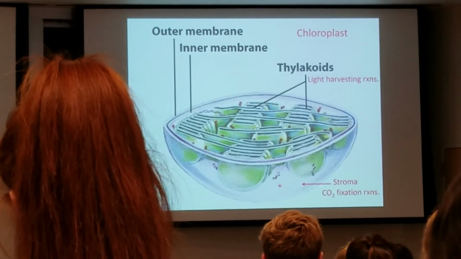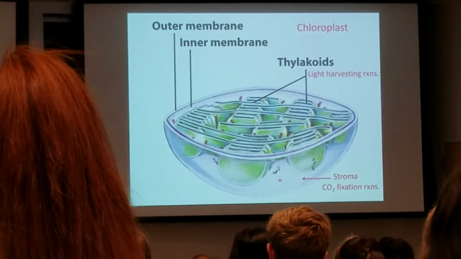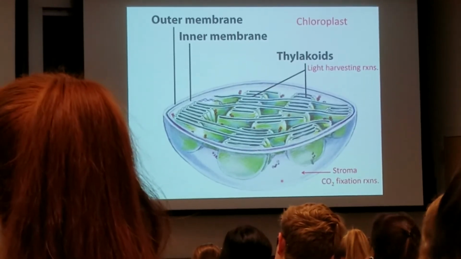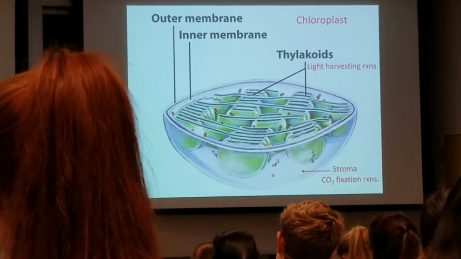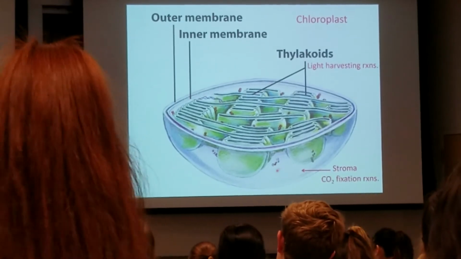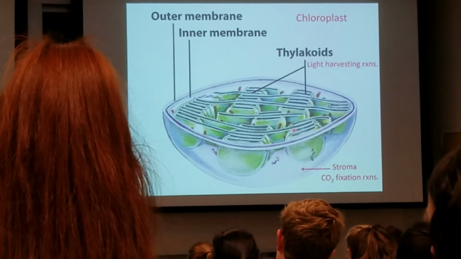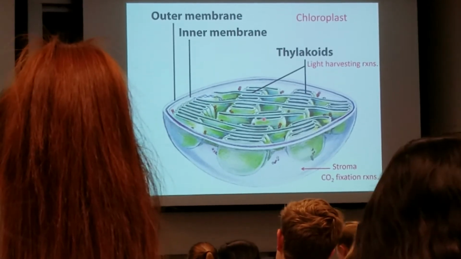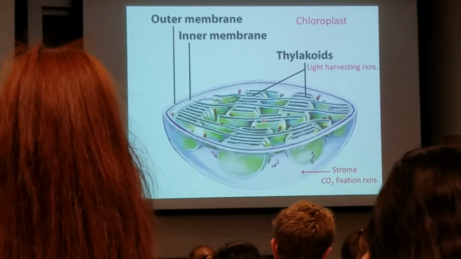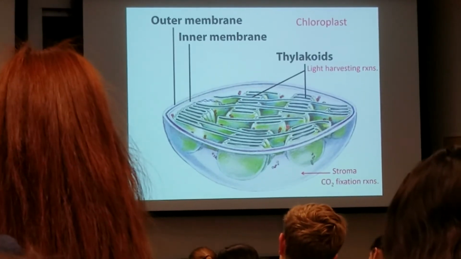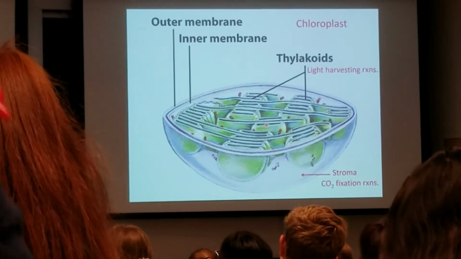So there's really 3 compartments that we need to learn. One compartment is this liquid, an aqueous environment called the stroma. Another compartment is down inside these thylakoid membranes. So if you cut this membrane structure, there's liquid inside.